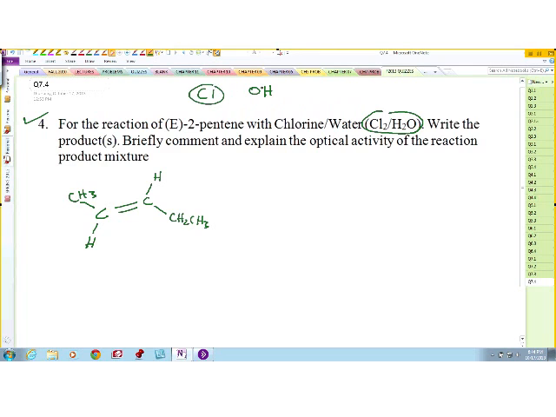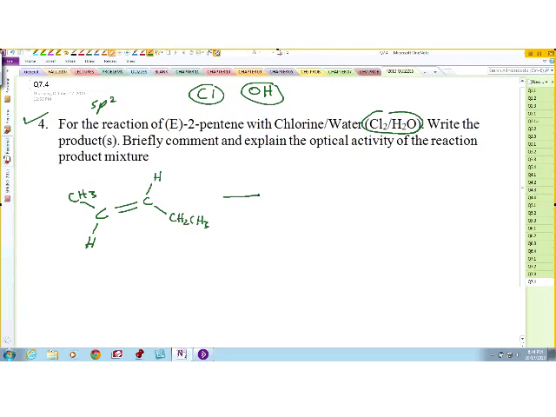Since we know that we are going to add chlorine and hydroxide across this carbon-carbon double bond, imagine that the chlorine comes here and adds to this carbon. When it does that, this sp2 carbon will become an sp3 carbon. In other words, it is going to push down this methyl and this hydrogen.